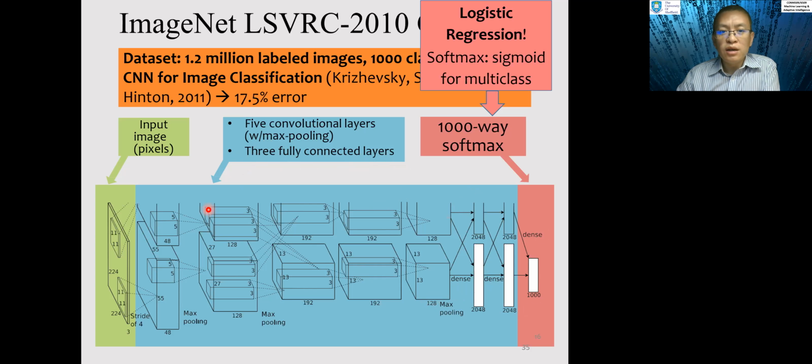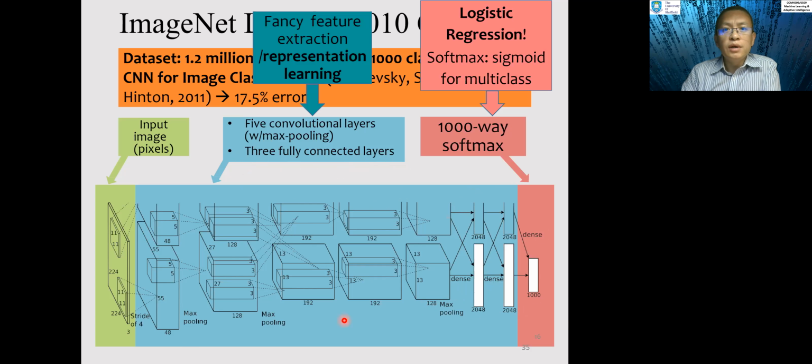And what these layers are doing is simply some kind of fancy feature extraction. This is also called representation learning. So if you see the words representation learning, it is basically fancy feature extraction. We use many layers to extract the features for classification into 1,000 classes.